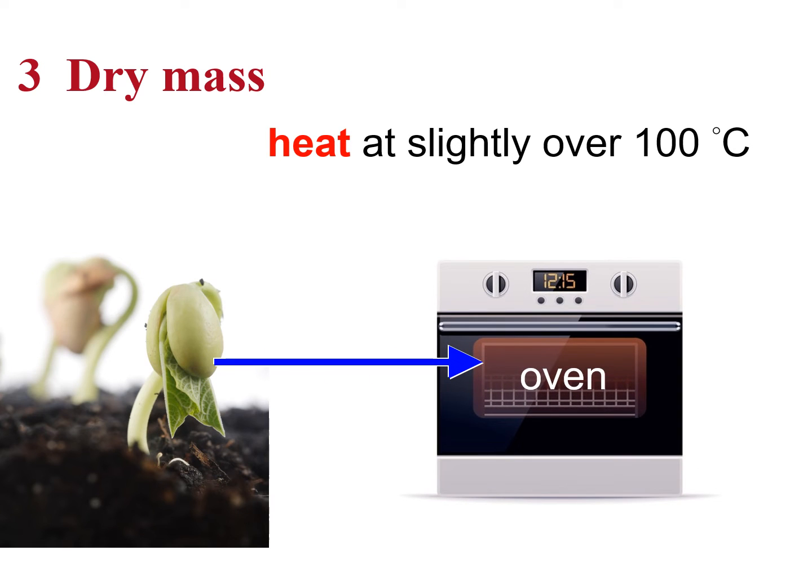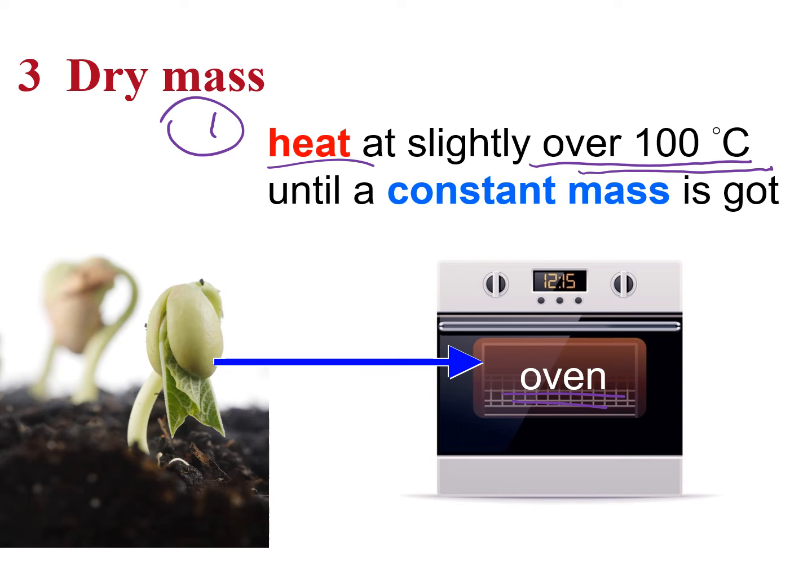So how do you get the dry mass out of an organism? It's very, very simple. You take the organisms and put them in an oven and heat them slightly above 100 degrees Celsius. Afterwards, you stop the heating when you get a constant mass.